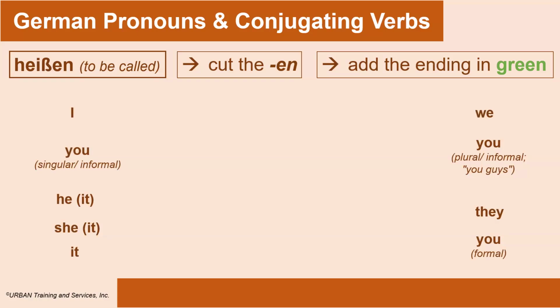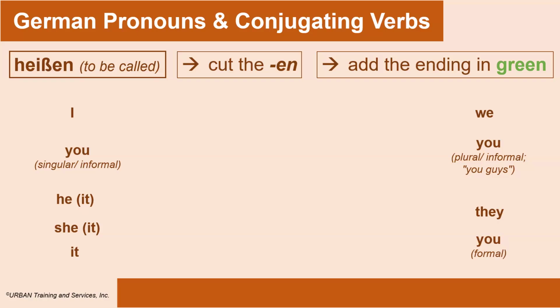What's different in German? Well, the you on the left side is actually the singular informal you. Remember the dialogue before where people gave their first name? That's this singular informal you. On the other side, we have the plural informal you. That's kind of like you guys.